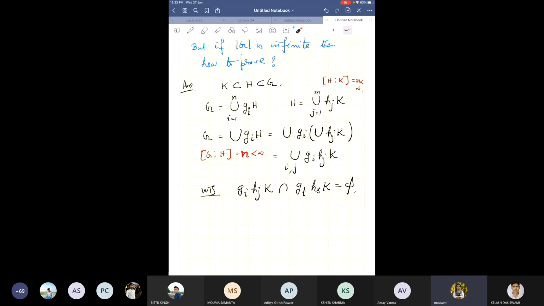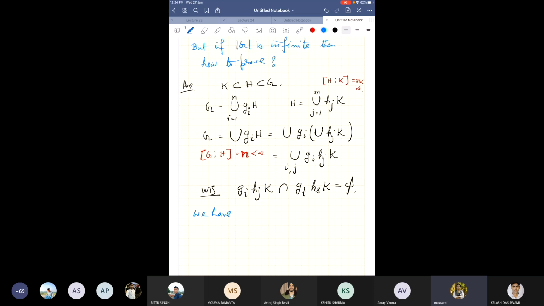Then what we will get is that the number of left cosets, [G:K], is nothing but M times N, isn't it? Yes, ma'am. So it is enough to show that these are disjoint.